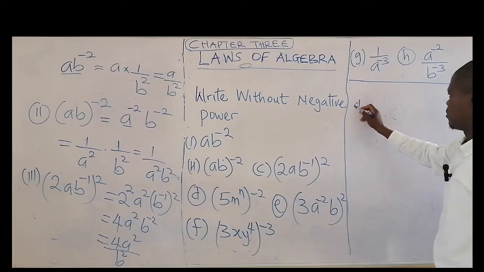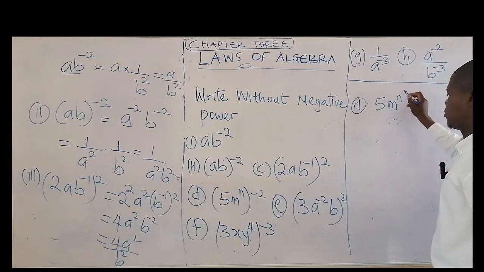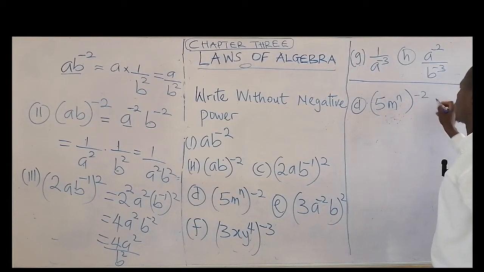The fourth one, which is the d, we have (5m n) to the power minus 2.